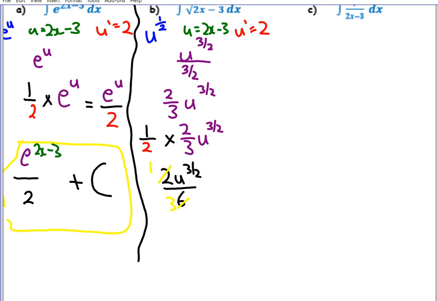And then let's write our last answer. There are different ways you can write it. You could write 1/3 of something to the 3/2 plus c, or you can write the whole thing to the 3/2 over 3 plus c. I'll show you one way: 1/3, I'm subbing in the baby now, 2x minus 3. Don't forget it's to the power of 3/2, plus c.